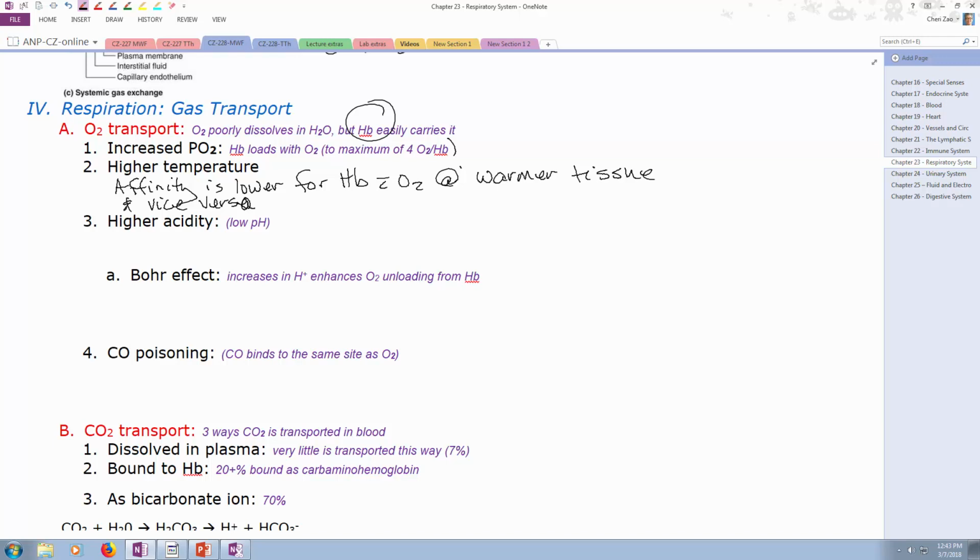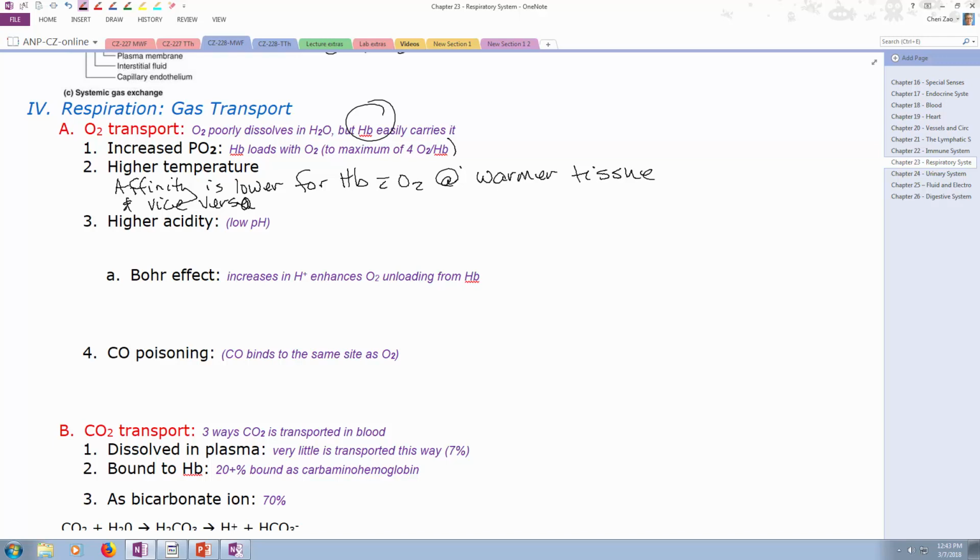If your tissue is really active, one, it gets warmer too, doesn't it? And B, it actually produces lactic acid sometimes and carbon dioxide, because the higher the activity of the tissue, the more carbon dioxide you produce.